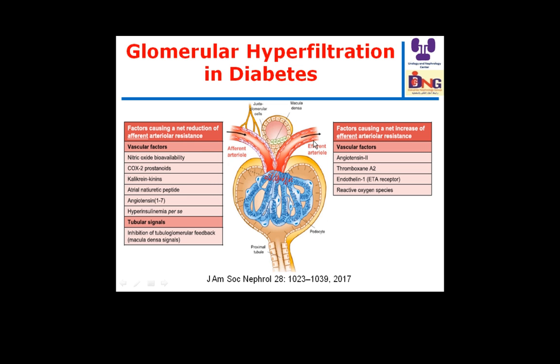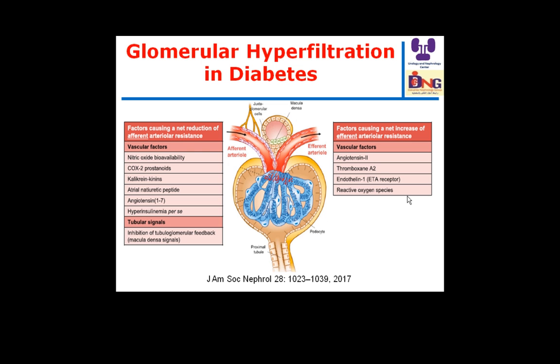The second component of the etiology of increasing hydrostatic pressure is efferent vasoconstriction. Factors causing a net increase in efferent arteriolar resistance, meaning efferent vasoconstriction, are vascular factors: angiotensin 2, thromboxane A2, endothelin 1A receptor, and reactive oxygen species.